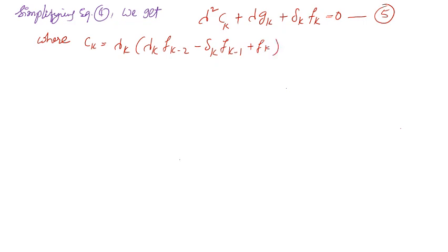This is the c_k value. Next, the g_k value: g_k = lambda_k^2 f_{k-2} - delta_k^2 f_{k-1} + (lambda_k + delta_k) f_k, and f_k means f(x_k).